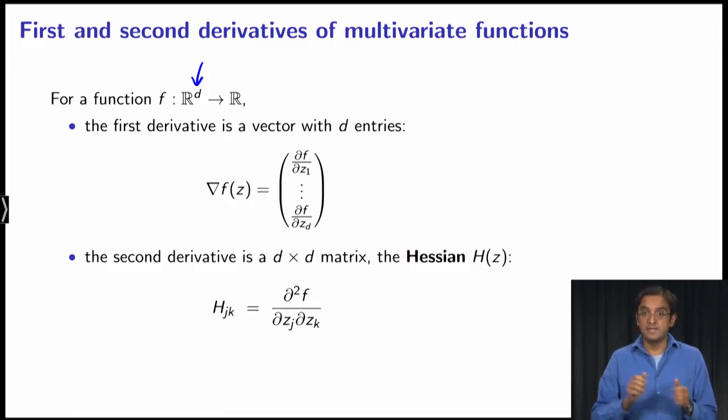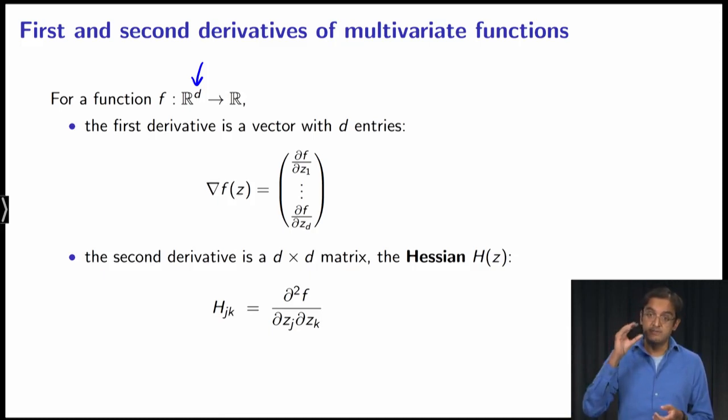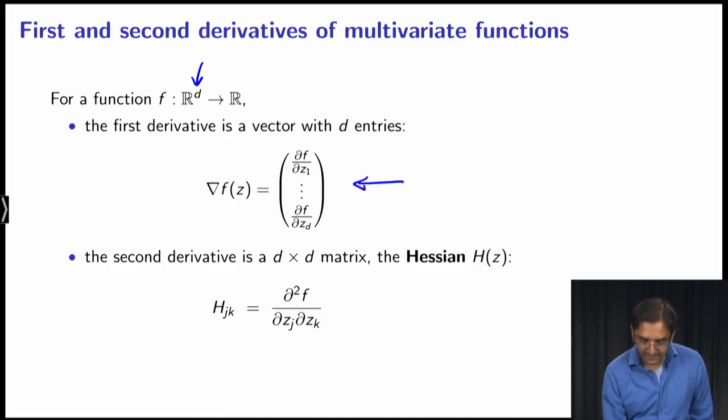If you have a function like this with d variables, then there are d things with respect to which you can take the derivative: the derivative with respect to the first variable, the second variable, all the way to the dth variable. So you can compute each of these individual derivatives and then package them into a vector. And that's why the first derivative is a d-dimensional vector.